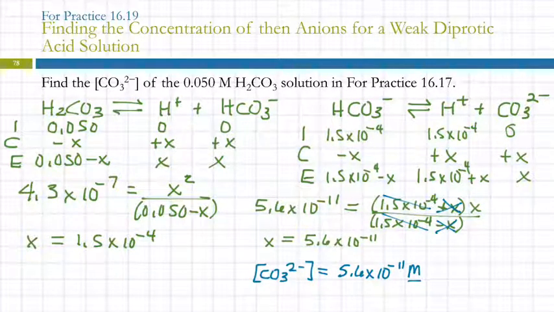Yeah. So for these, usually the base without any hydrogens will have the same as the Ka2? Yeah, this will generally end up being the same concentration as Ka2. Which is really, really small.